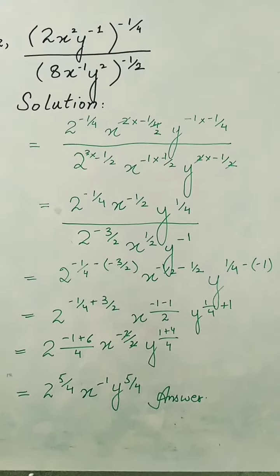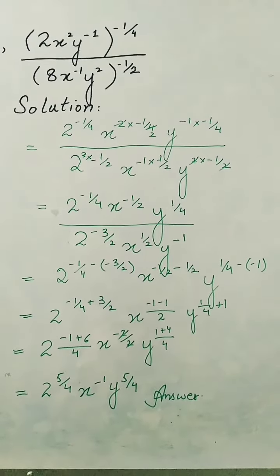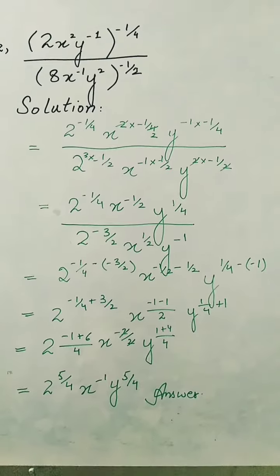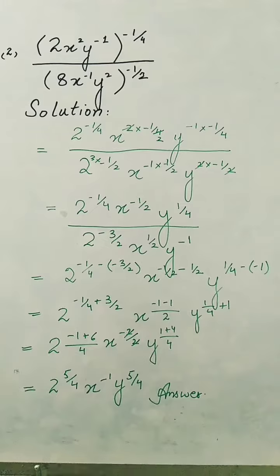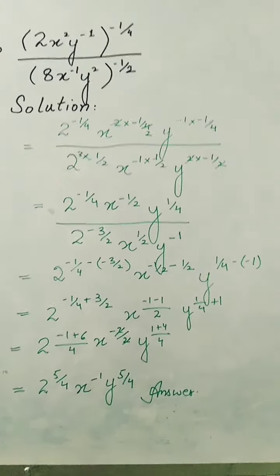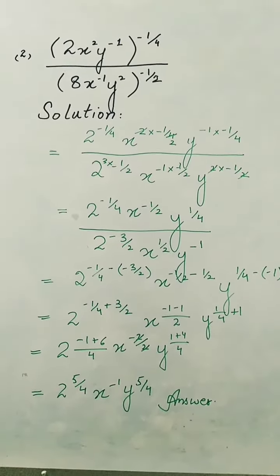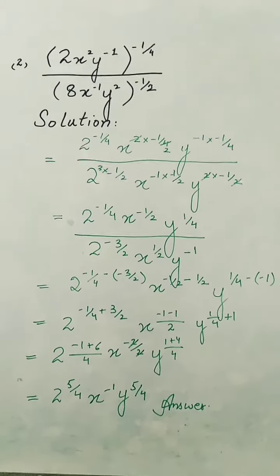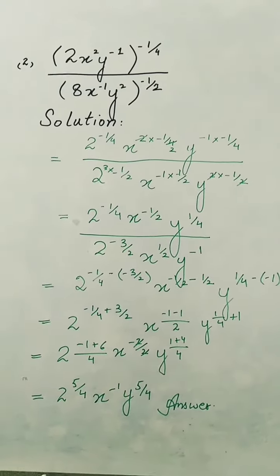Similarly we do with the denominator, and as we know that 8 is a multiple of 2, as 2 cube is equal to 8, we write here 2 cube multiplied by minus 1/2, x^(-1) multiplied by minus 1/2, y^2 multiplied by minus 1/2. As you can see, they will cancel out each other and the numerator will be reduced to 2 raised to the power minus 1/4, x^(-1/2), y. Here minus minus becomes plus and it will come out as 1/4.